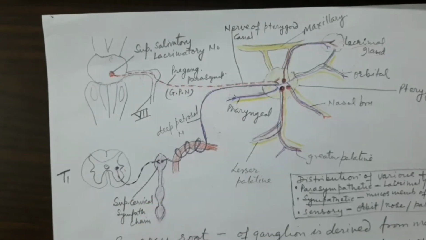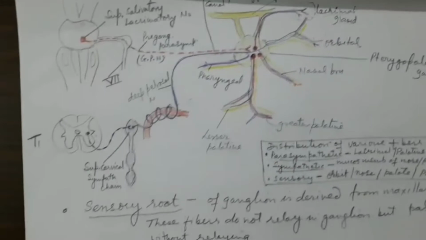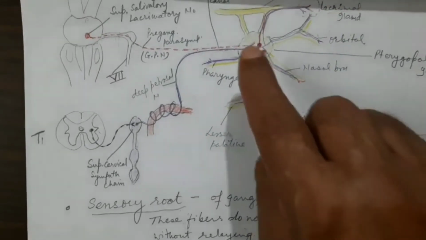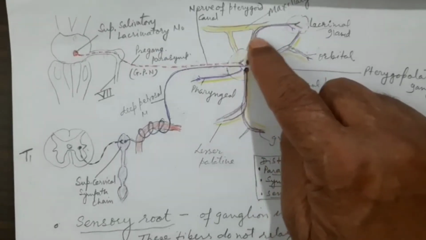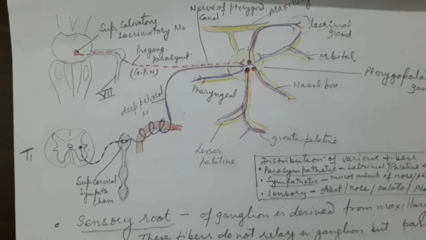Let us come to the third route, and this third route is the sensory route, which is coming from the maxillary nerve, through which this ganglion is hanging in the pterygopalatine fossa. Now, the sensory root of the ganglion is derived from the maxillary nerve, and these fibers do not relay, like those of the sympathetic. They just pass through without relaying.